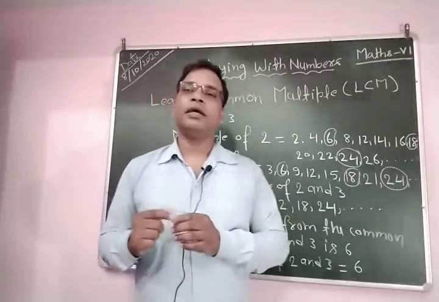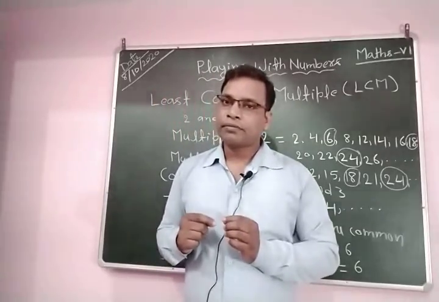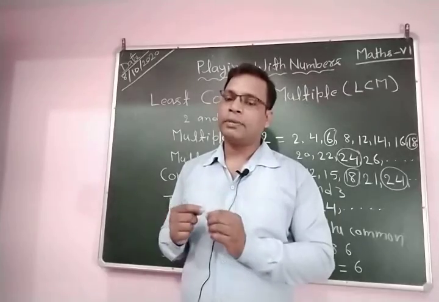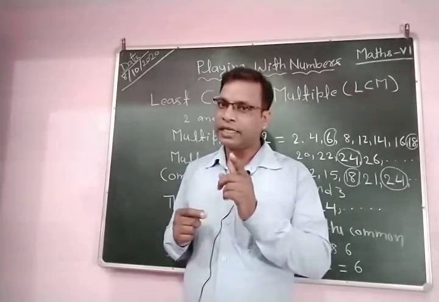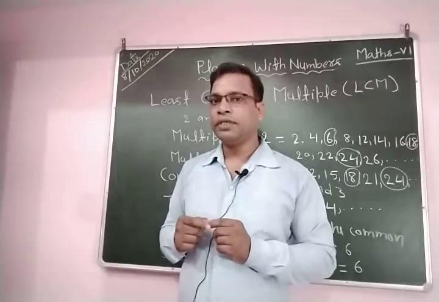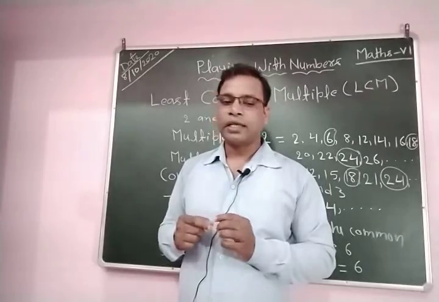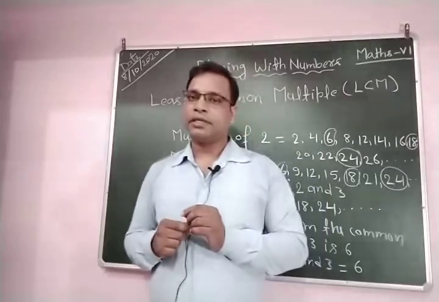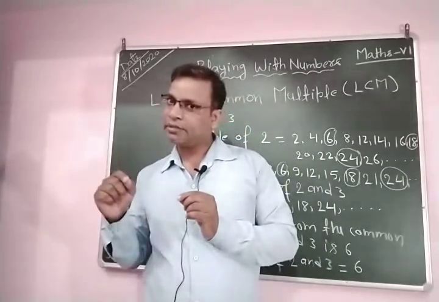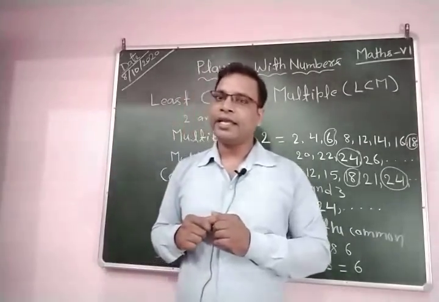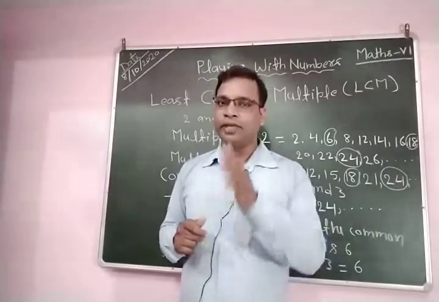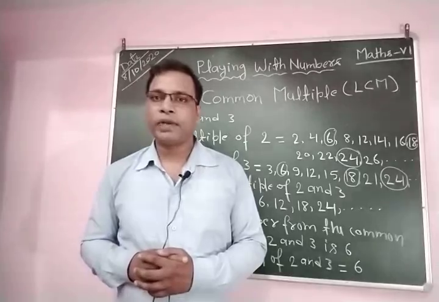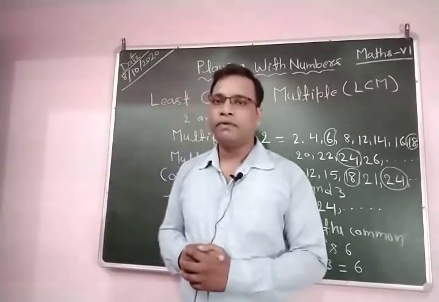After this we find the common multiples of 20 and 24. After this we find the least number from the common multiples. This least number from the common multiples is called the LCM. So let's see how to find the LCM of 20 and 24.